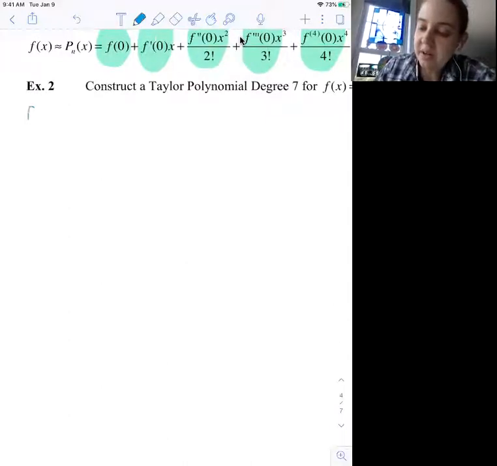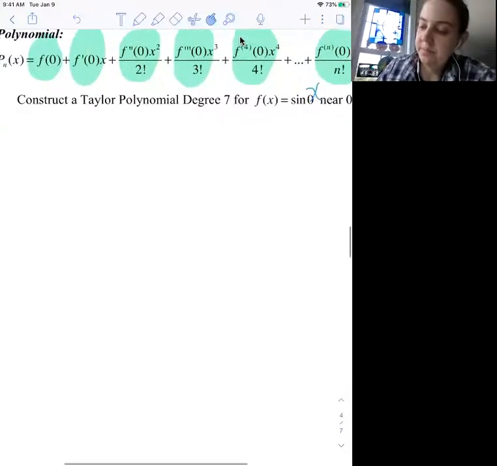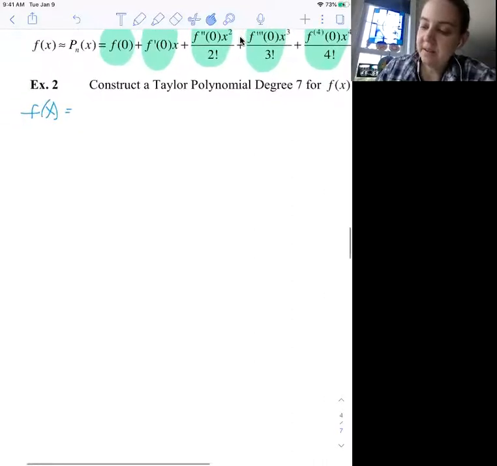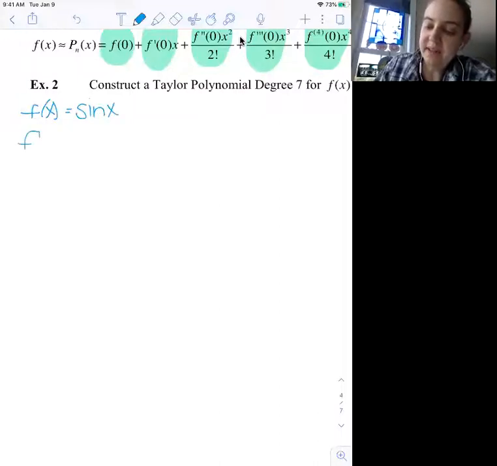So here's my original. I'm going to start with f of x, which is sine of x. And the first derivative of sine is cosine.